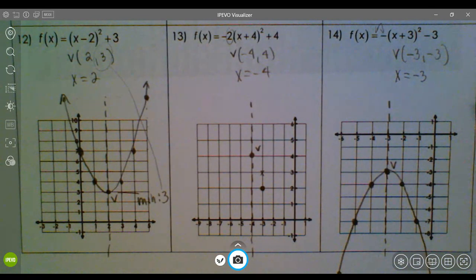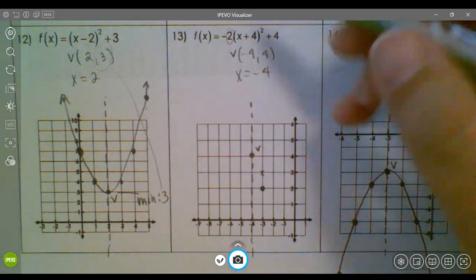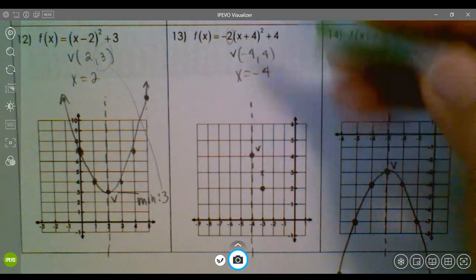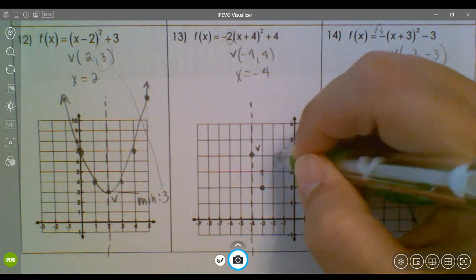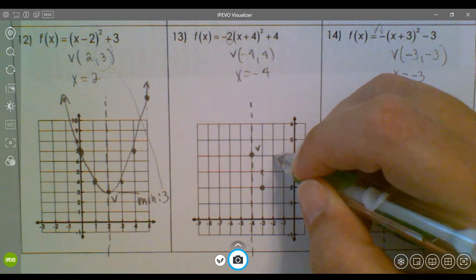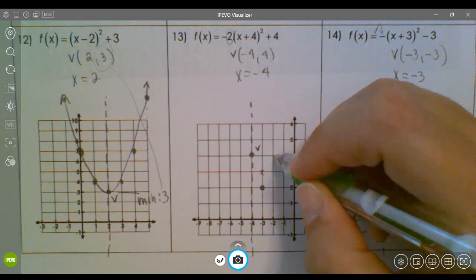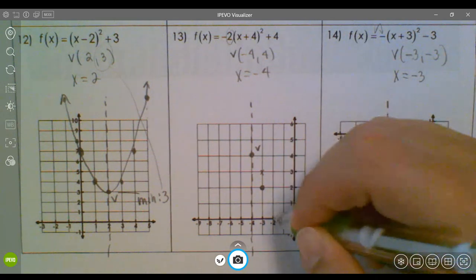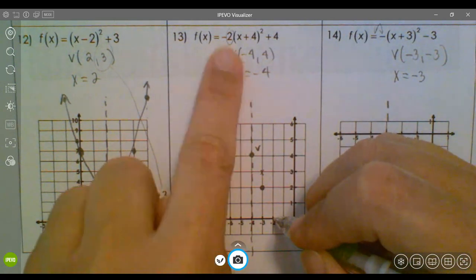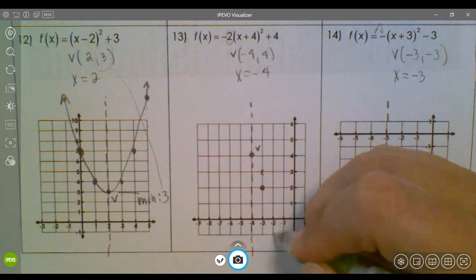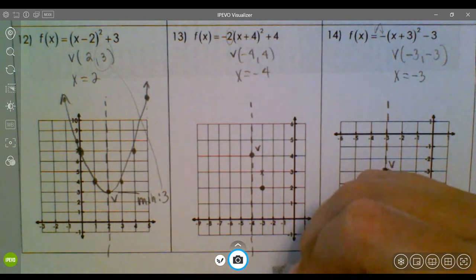Exactly. So now look at the next one. A horizontal shift of 2 tells me to go vertically 4. 1, 2, 3, 4. But I have to do that twice because A tells me how many times. 1, 2, 3, 4.